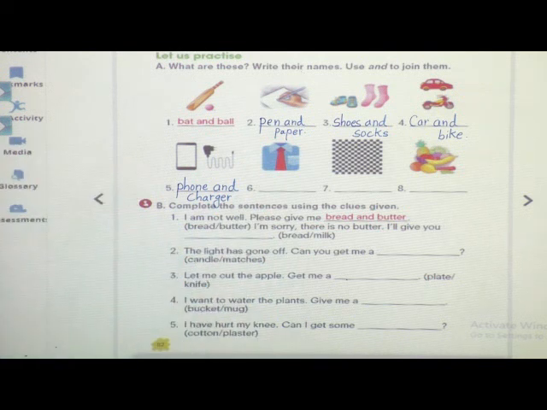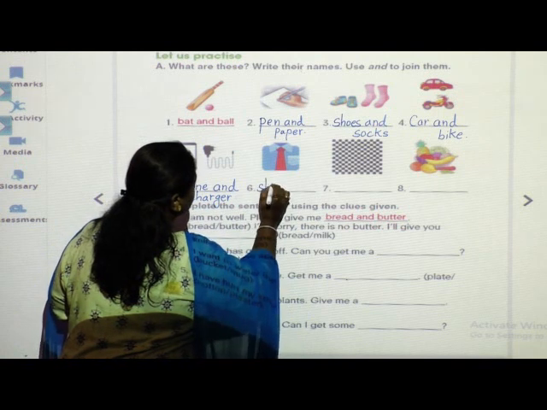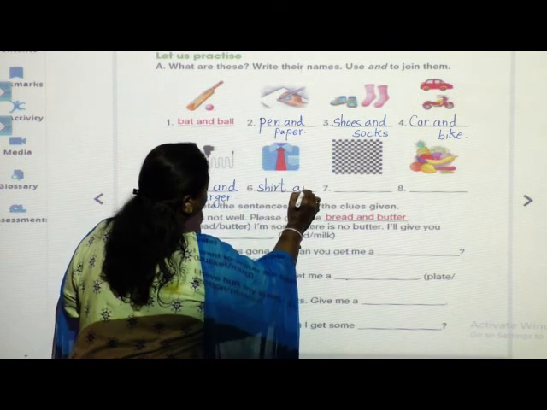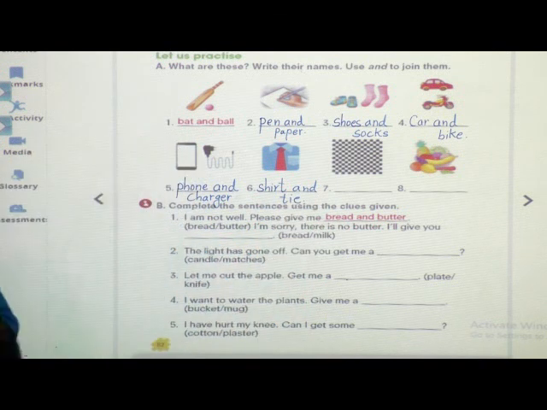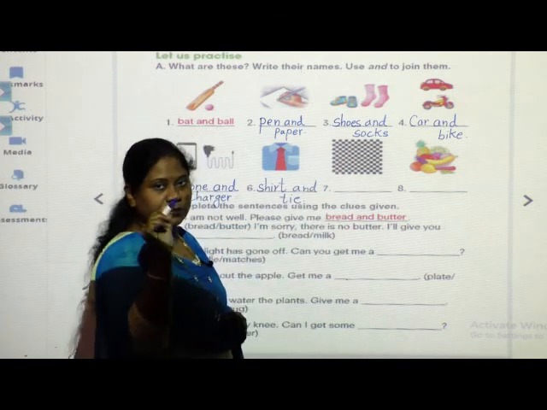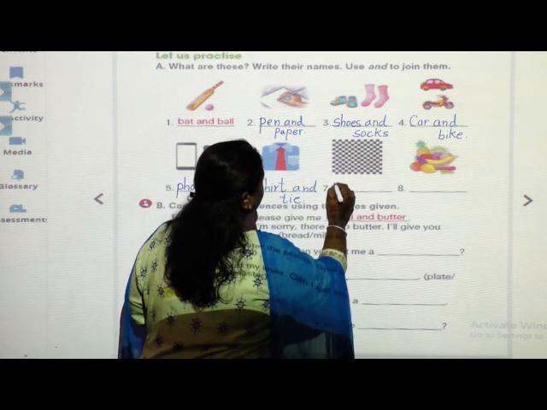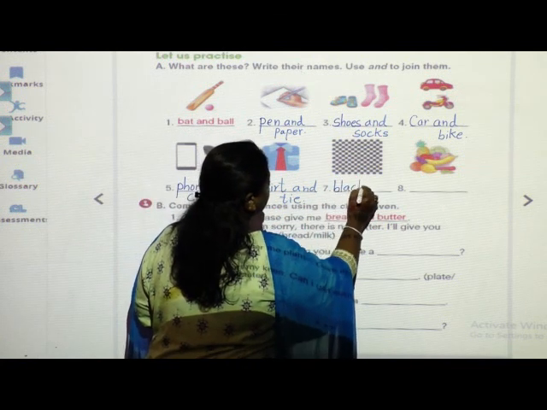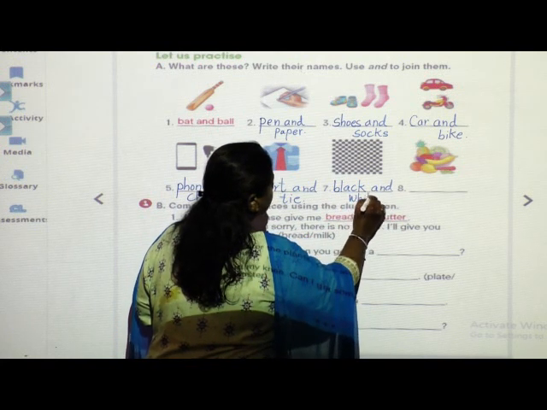The sixth one, you can see shirt and tie. Right? What can you see there? Shirt and tie. Shirt and tie. The next one, black and white. You can see white spots and black. Black and white.